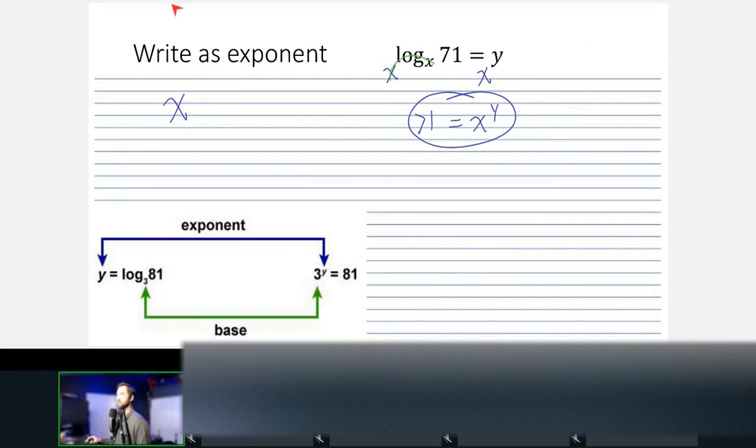So there's the exponent. And then on the right side, we have just the number, 81. So in this case, it'll be 71. Yeah, so same answer. X to the y power equals 71.